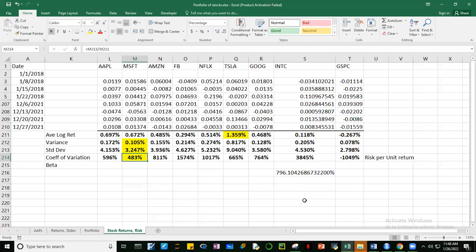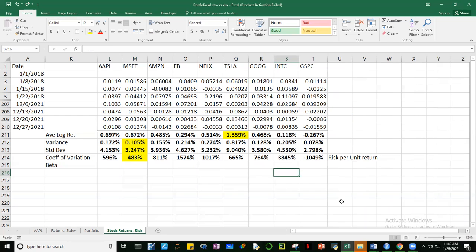So yung interpretation nito, take it as relative lang, no? Hindi natin sinasabi na 8 times more risky si Intel compared to Microsoft. Okay? So, Angelo, did that answer your question? Yes, sir. Thank you. Okay, thank you for that question.